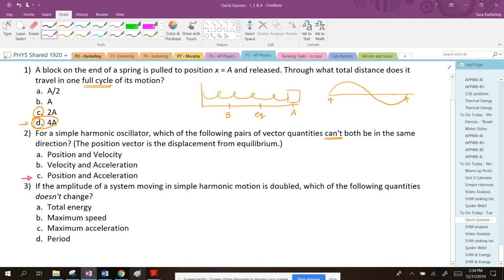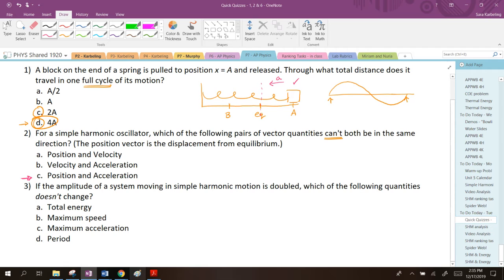Spencer, go for it. The equilibrium point, as shown in the picture above, if that is 0, then when you pull it to x equals A and you let go, the acceleration will be negative. Since that's the negative displacement, that direction is negative.